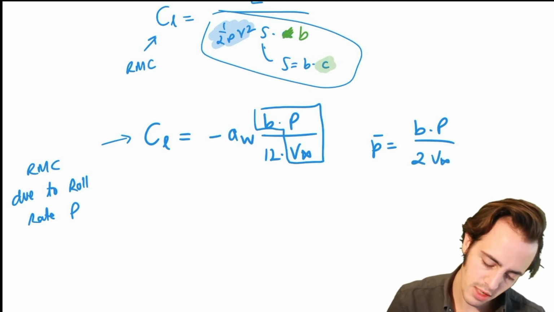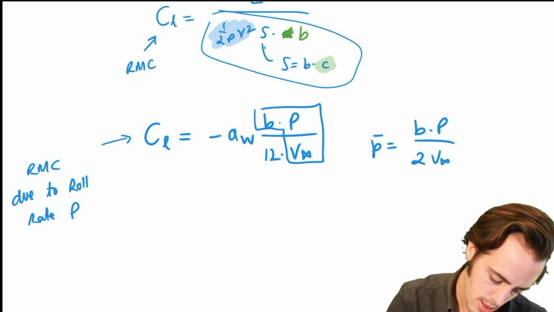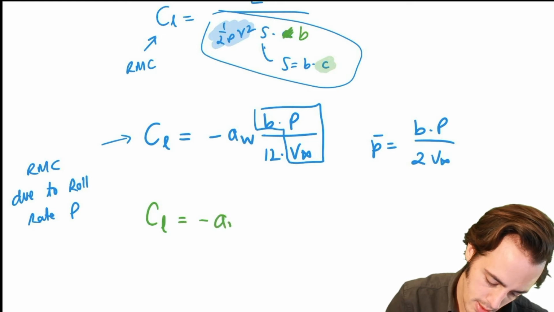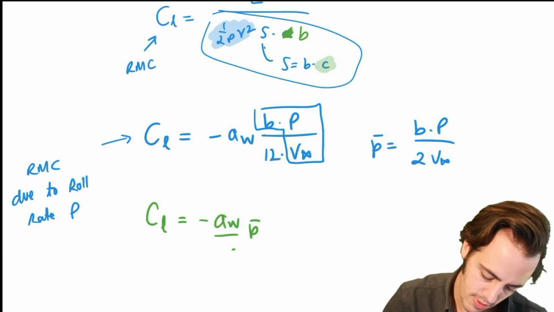So we split the 12 into 2 times 6 and we end up with CL is equal to minus AW on 6 p bar, not 12, on 6 rather.